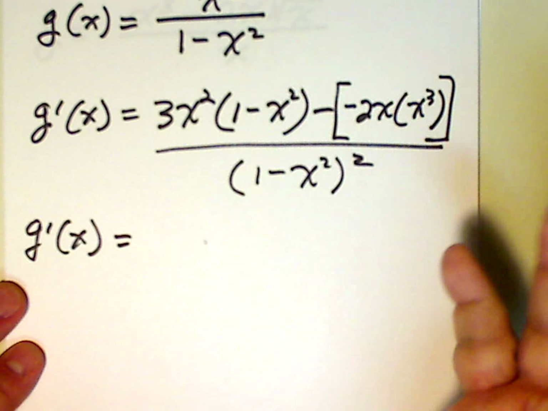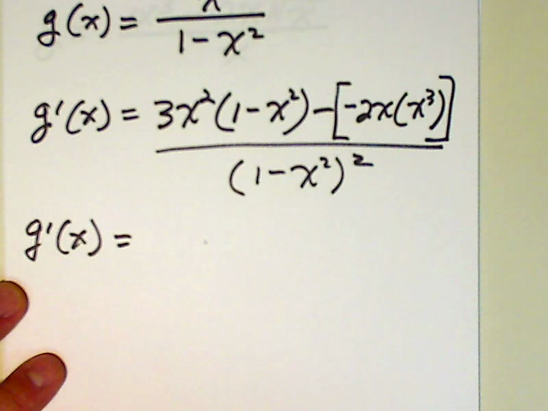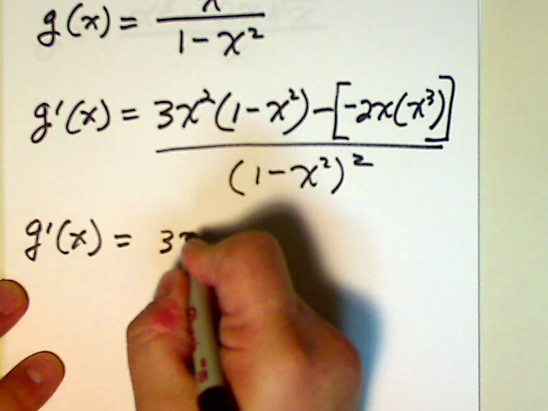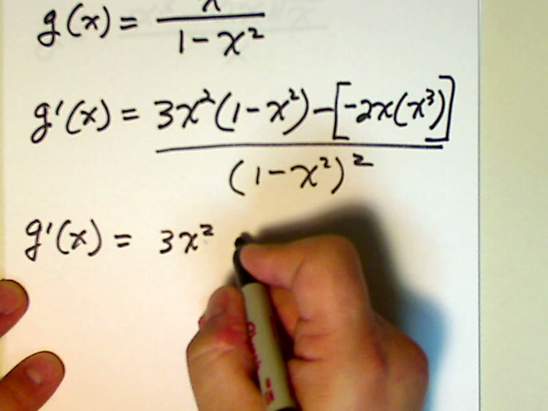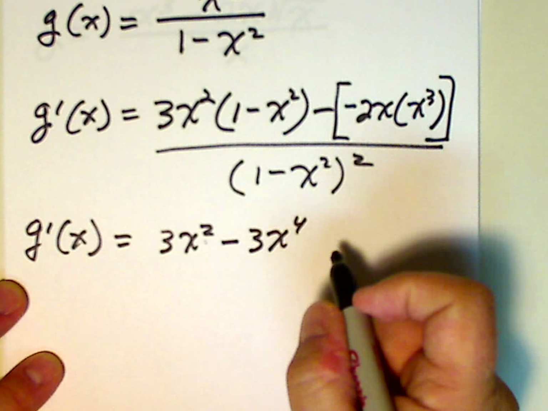Okay, it's just algebra from here, and that's often the case with these calculus problems. The difficult part with calculus is not the calculus rules. They're relatively easy. It's the algebraic workouts. Okay, 3x squared times 1 is 3x squared. 3x squared times minus x squared is minus 3x to the 4th.